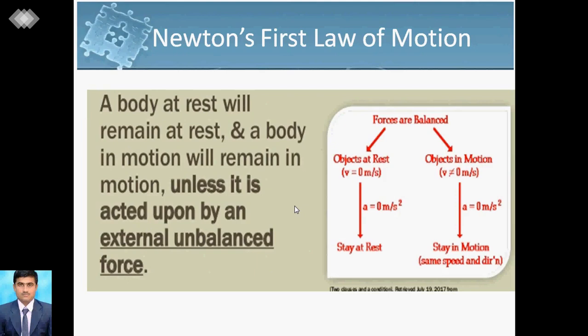That unbalanced force can be friction or some other external force. Here we can see that for an object at rest, v is equal to 0, but in case of motion, v does not equal 0. So this is Newton's first law of motion.